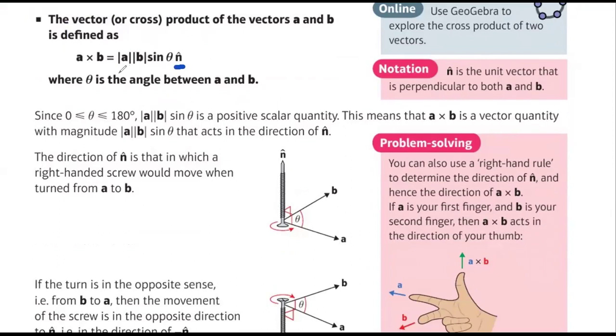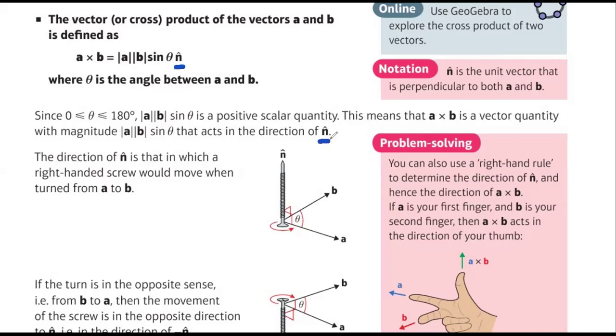It has only magnitude. It is not a vector, but the vector product is a vector. It has magnitude and direction, both.